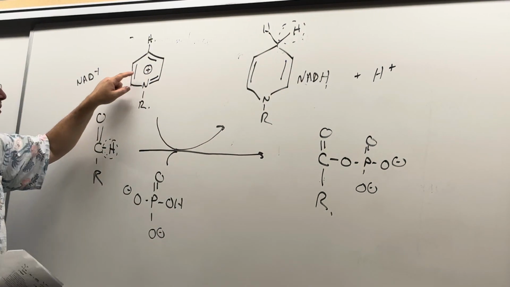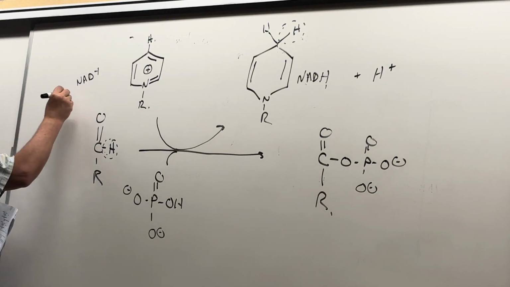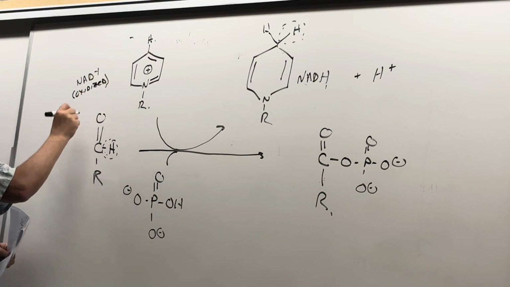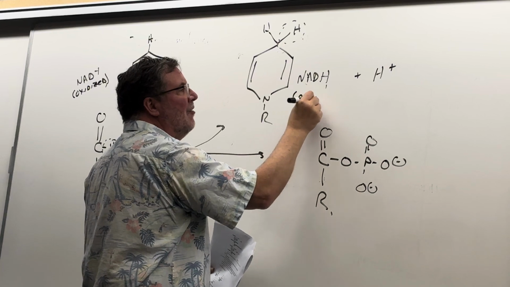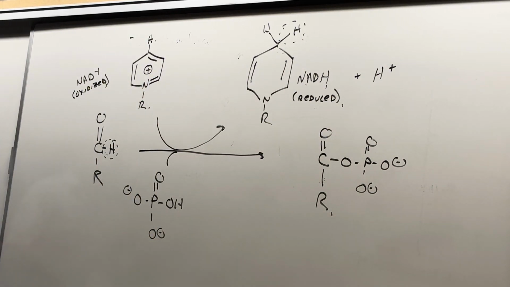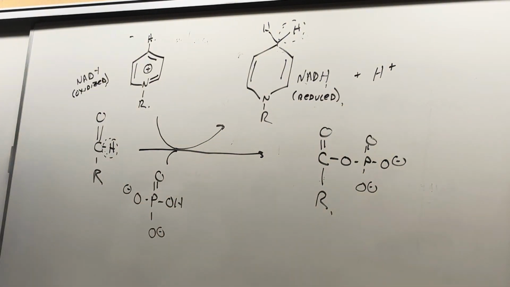It'll become reoxidized to the NAD+. So again, this is the oxidized form here, lacking electrons. This is the reduced form here that contains that extra pair of electrons. And this is reduced relative to this, which is oxidized.